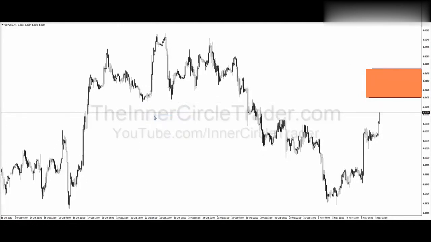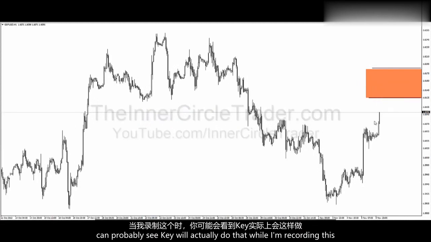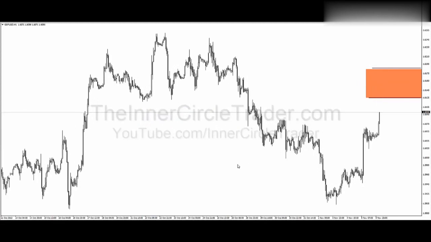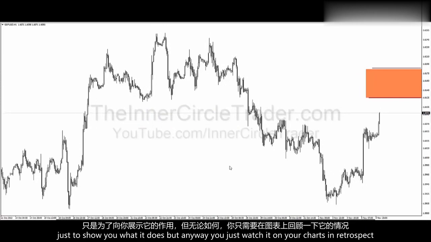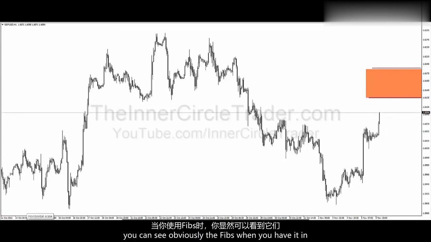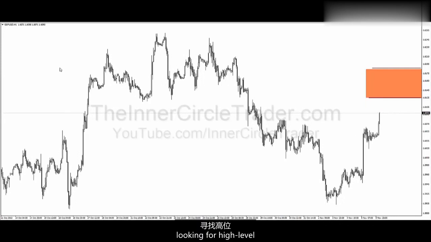You can probably see it will actually do that while I'm recording this. I'm kind of tempted to keep it on just to show you what it does, but you just watch it on your charts in retrospect. You can see, when you have the fibs in the right direction, they're very strong in terms of looking for high level upside and downside objectives.